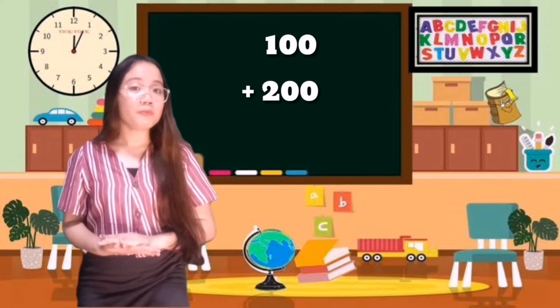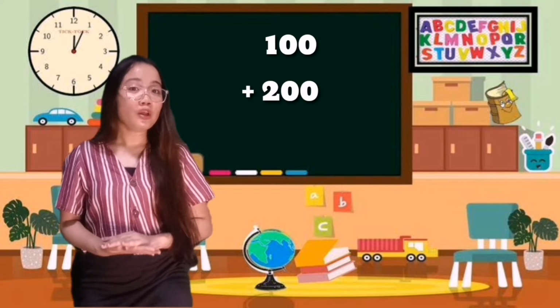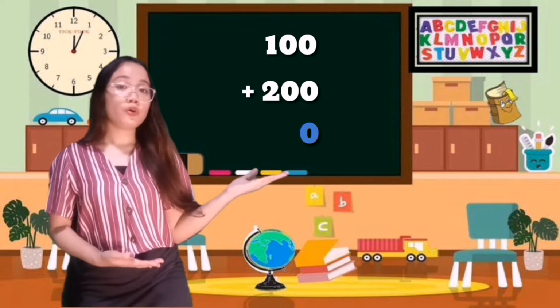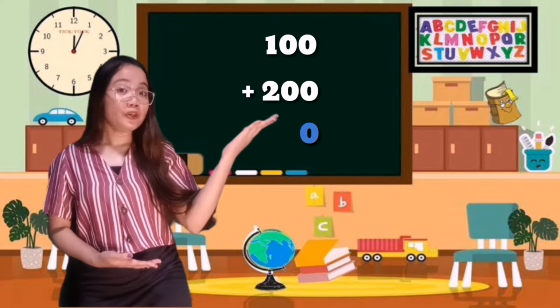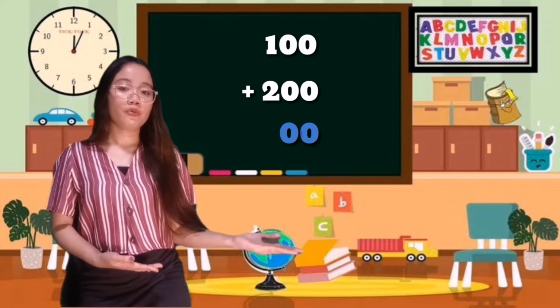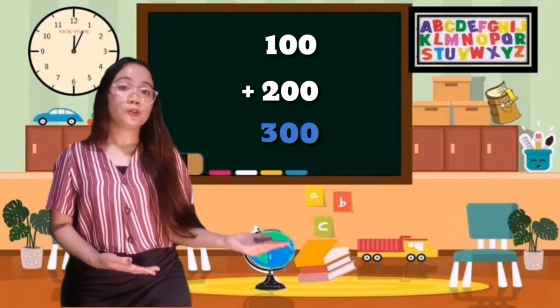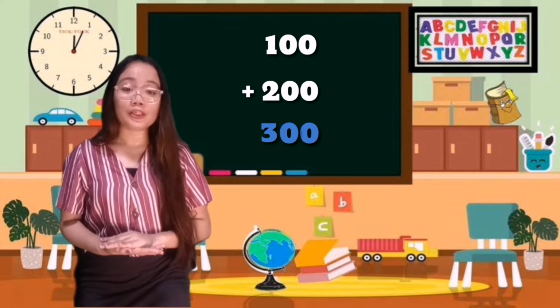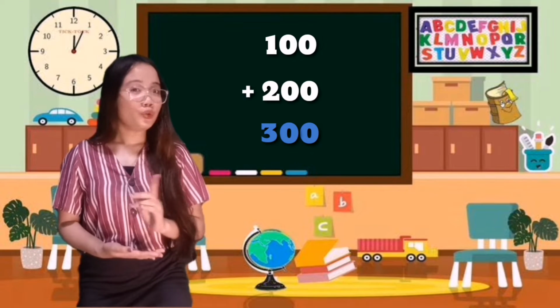How about 100 plus 200? Again, we start with the last digit. 0 plus 0 is equal to 0. 0 plus 0 is equal to 0. 1 plus 2 is equal to 3. Therefore, 100 plus 200 is equal to 300.